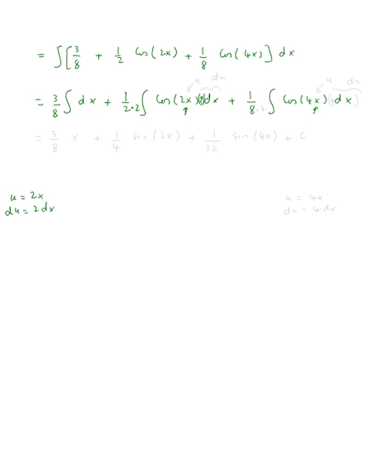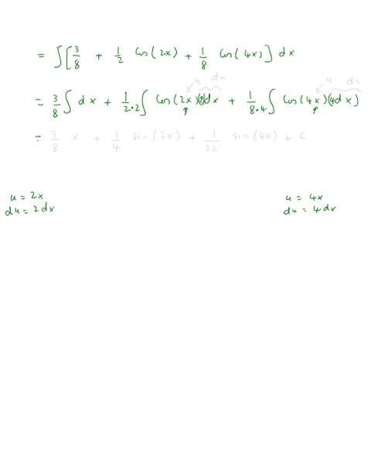Same thing here. If you let u equal 4x, we know that du has to be 4 dx. So I'm missing a 4 here. So I multiply by 4 and divide by 4, nothing changes. Now look how easy this is going to be.